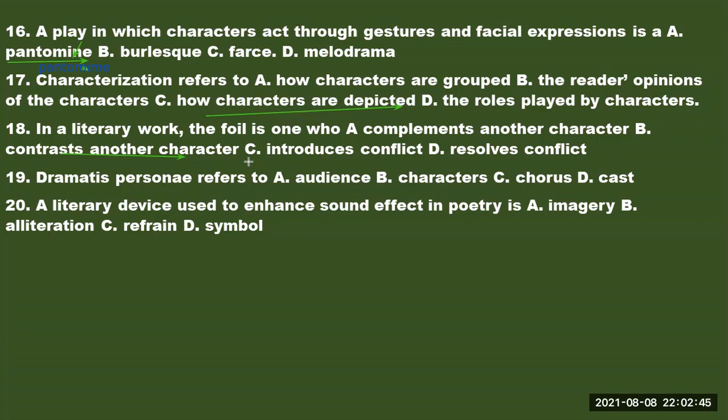That's the purpose of the foil. Now, C, introduces conflict, no. D, resolves conflict, no. The answer is contrast another character.